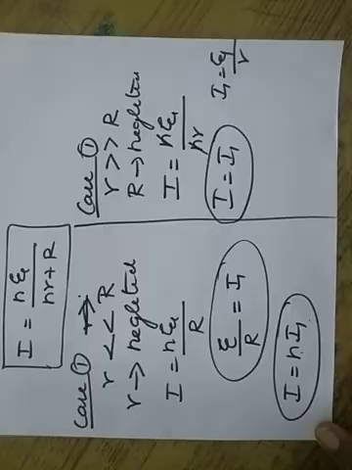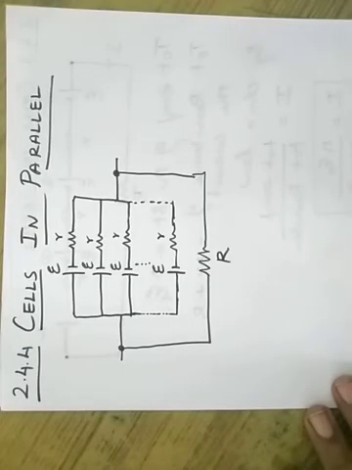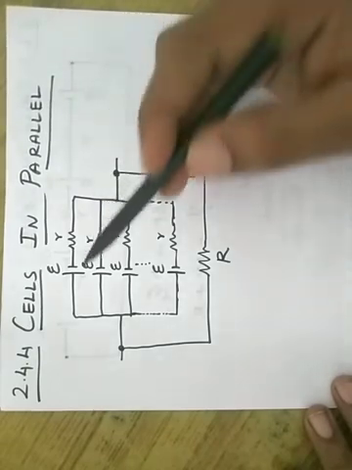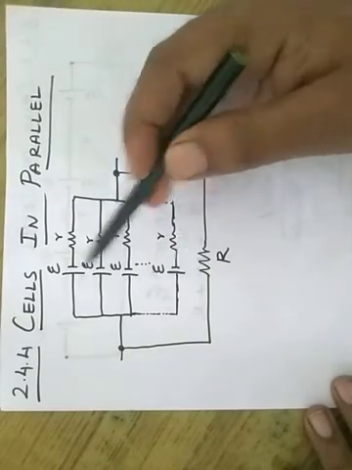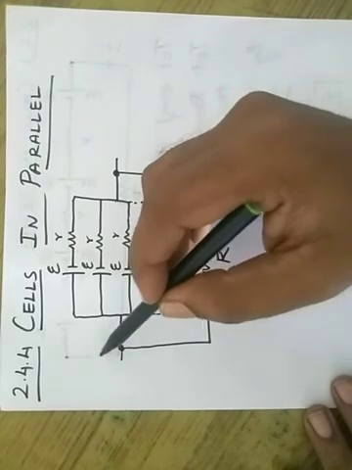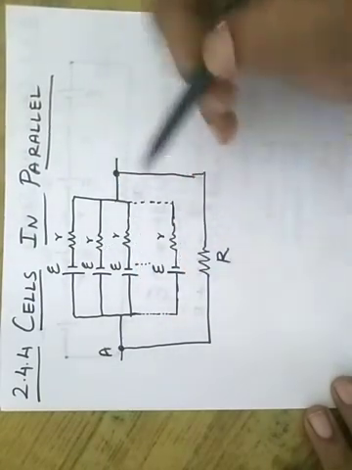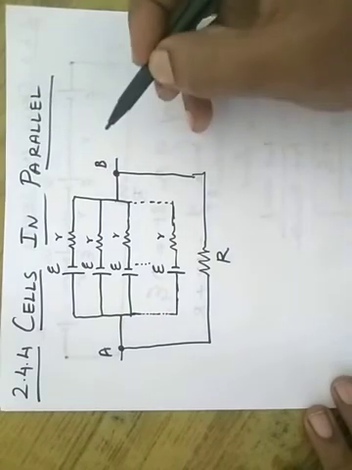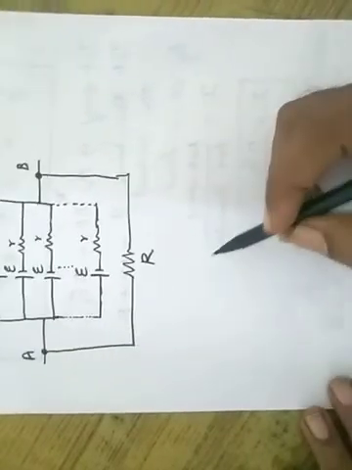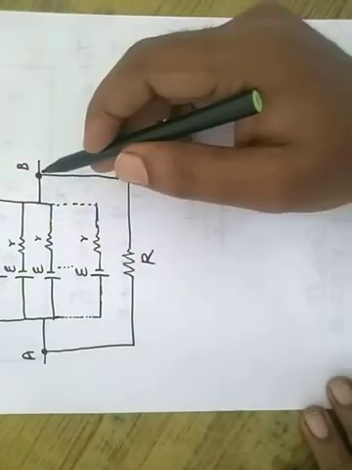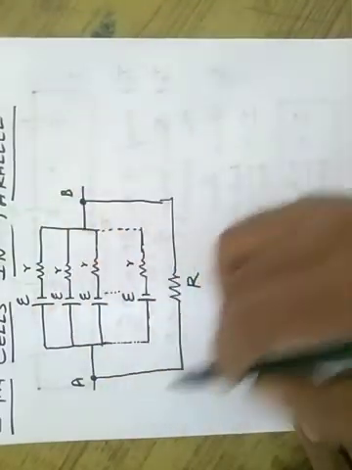Here our next topic, cells in parallel. In parallel connection, all the positive terminals of the n cells are connected to a point A, and all the negative terminals of the cells are connected to a point B. These A and B are the terminals of this battery.